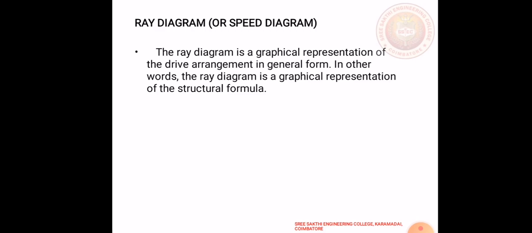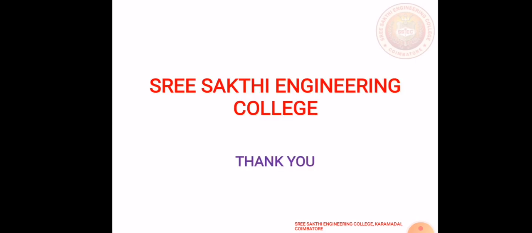These are all the information obtained from this ray diagram. So this is called a ray diagram. While designing the gearbox, we must draw the ray diagram and kinematic arrangements. Thank you.